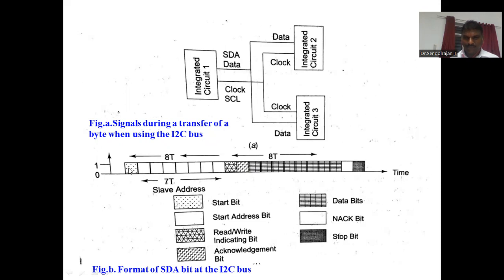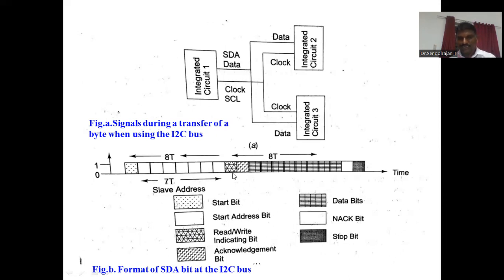The first box, indexed with the dot, is the first bit. The first bit is called the start bit. The second, third, fourth, fifth, sixth, seventh, and eighth are the address bits. Then the next bit is the read or write indicating bit.